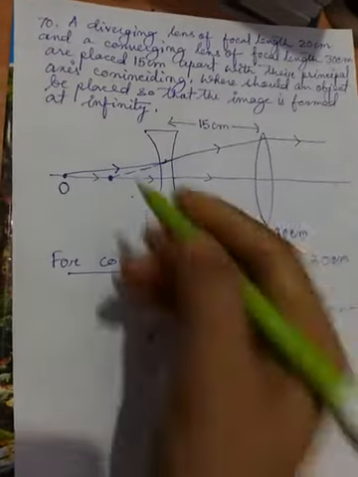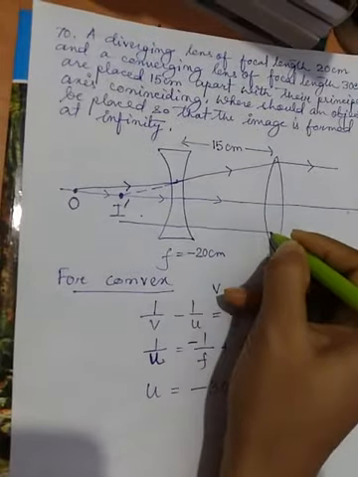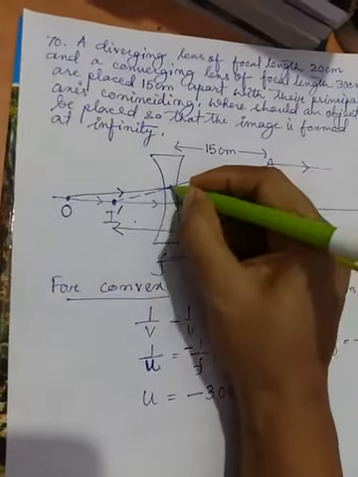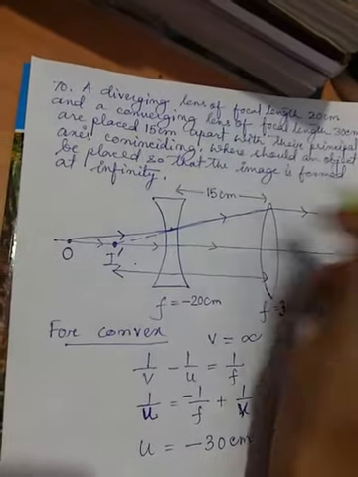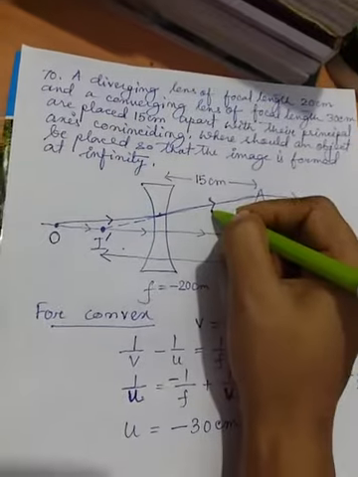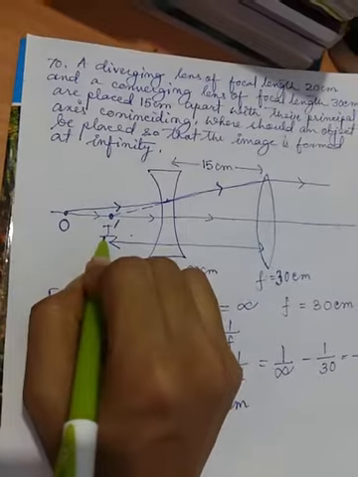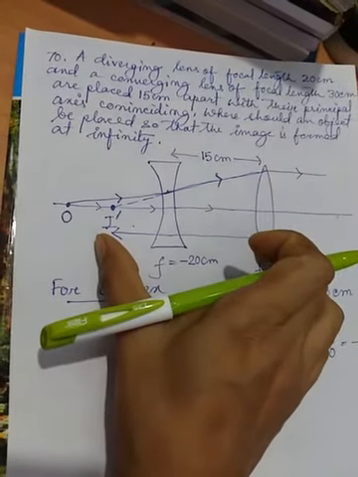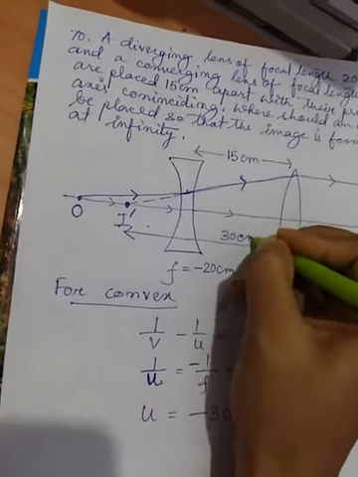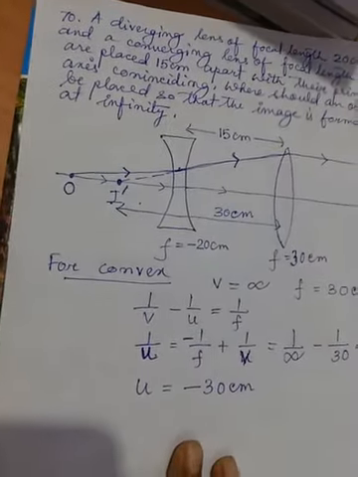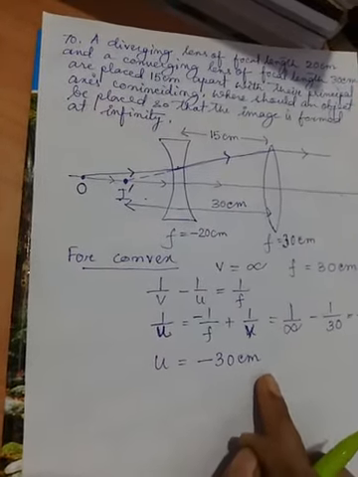This point is the object for the convex lens, because this one is the incident rays of light for the convex lens, and that particular incident ray intersects at the point I dash. This distance is 30 centimeter. So for convex, the object distance is 30 centimeter.